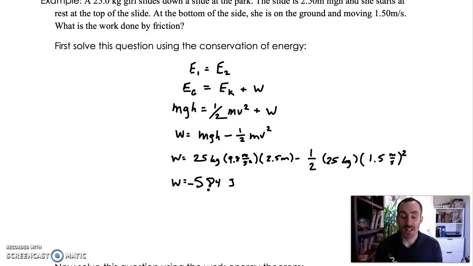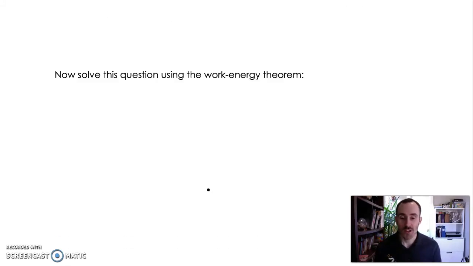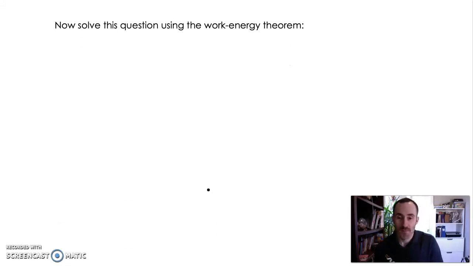Now we can look at this a second way using the work-energy theorem. The work-energy theorem looks like this. Work is equal to change in kinetic energy plus change in potential energy. In our case we're just working with gravitational potential energy, and so that's all that we need.